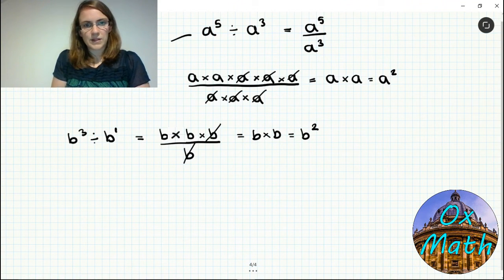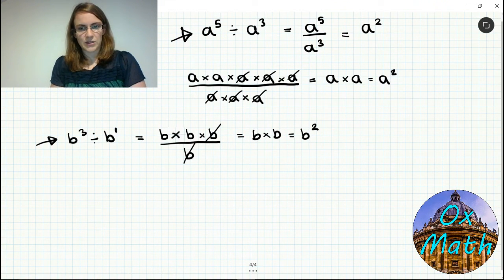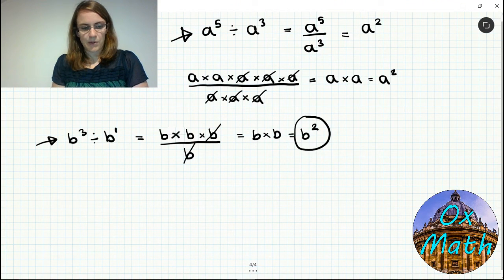So in our original example up here, a to the power 5 divided by a to the power 3, 3 of our original 5 a's are cancelled out, and we are left with a to the power of 2, which is 5 minus that 3. And again, in our second example, we had b used 3 times in a multiplication, and we are dividing that by b to the power 1, so we are cancelling out one of those multiplications, and we are left with 3 minus 1, which gave us our b to the power 2.